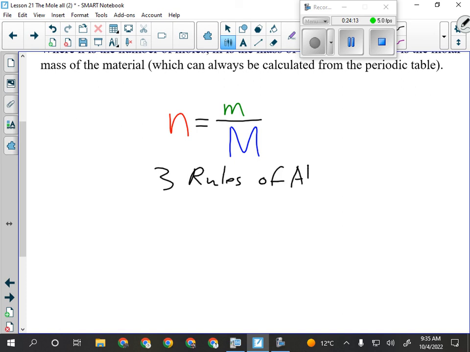And yes, I do see the irony that a triangle has 3 sides and there are 3 rules in algebra. Okay, the irony is not lost on me there.